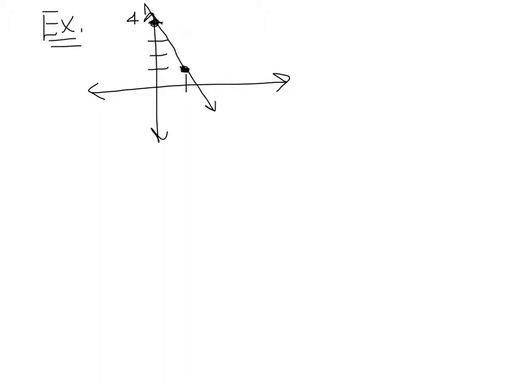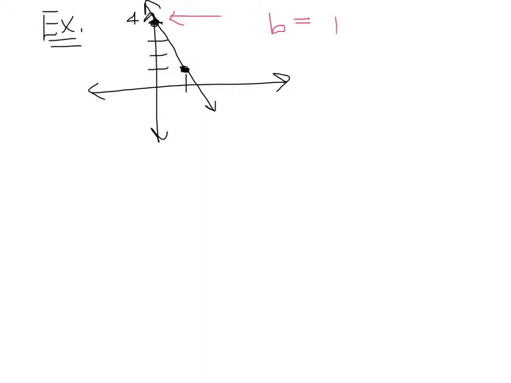And then if they give it to you in a graph and ask you to write the equation, then what you would do is find out where your graph hit the y-axis, because that would be b.